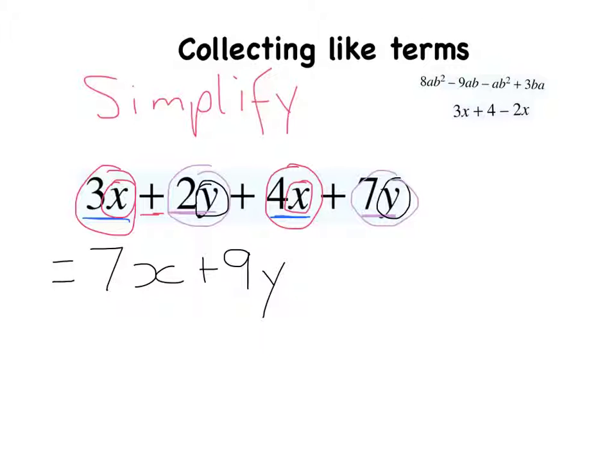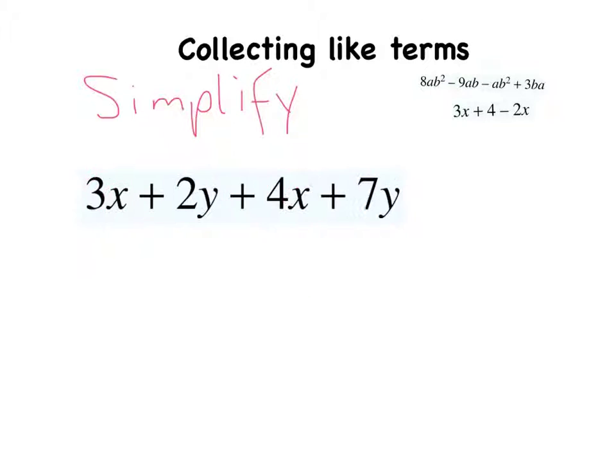It's as simple as that. Okay, guys? It's really not too tricky. 7x plus 9y. I've collected my like terms and put them together. Now, I can't put together 7 apples and 9 oranges, or 7x and 9y. So that's as simple as I can get when I'm collecting my like terms.